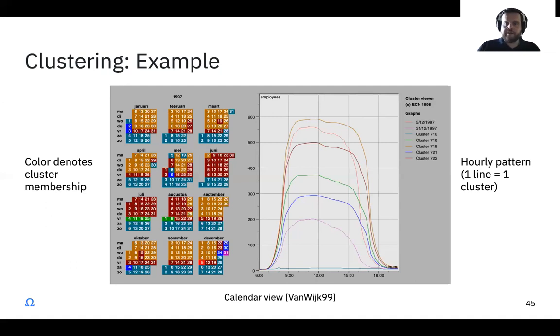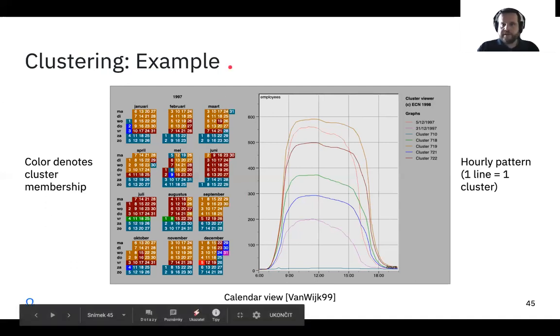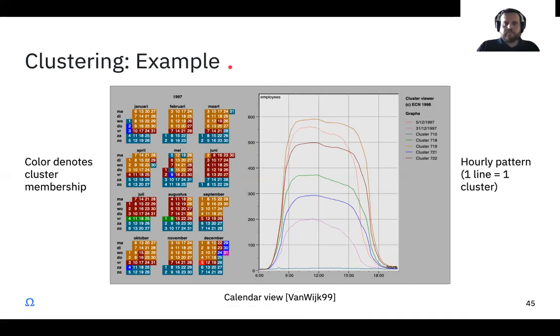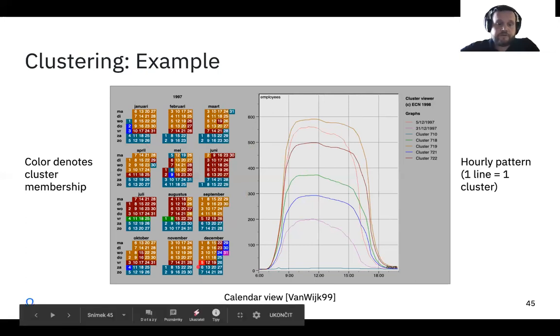Days across the year, and here it's Dutch data, so we can see some familiar days. What is interesting, for example, is that the 5th of December, Sinterklaas, is a cluster of its own.